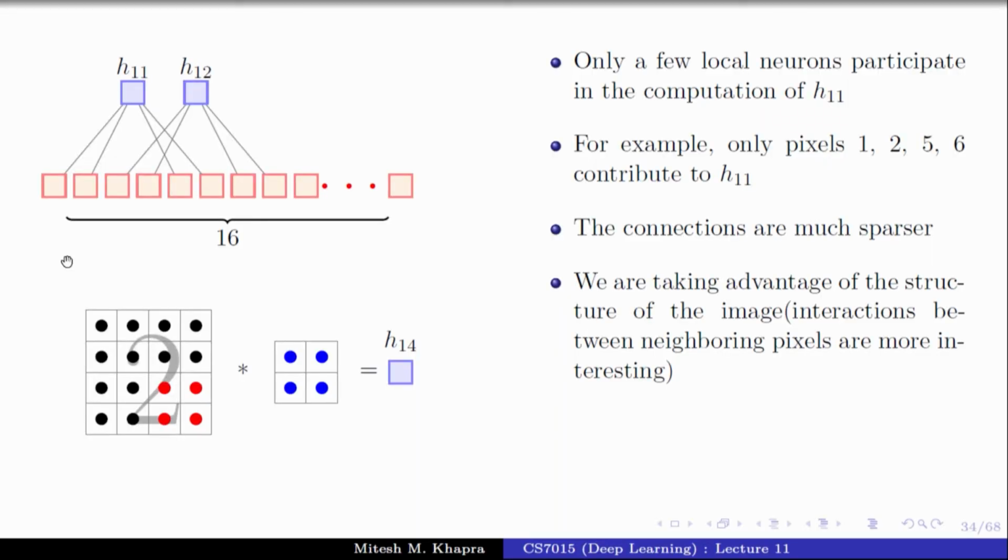That's a good question, which I'll not get to in this part, but I'll try to answer it. That's a 2 cross 2 kernel, and it is trying to capture that 2 cross 2 pattern. Each of these kernels is trying to capture a pattern. As training progresses, if it starts seeing this curve, then this pixel h11 is going to take on a high value.